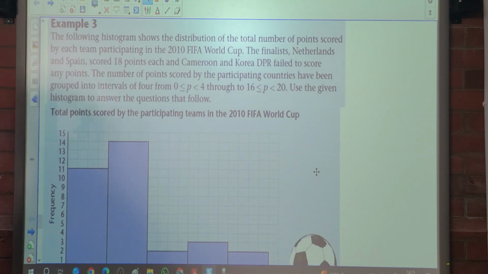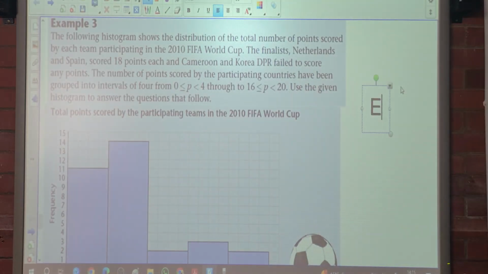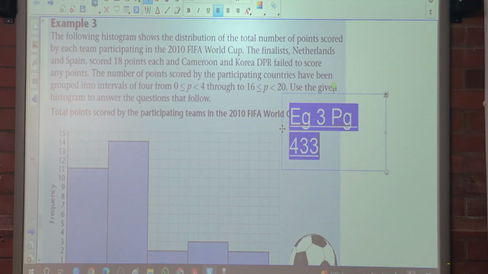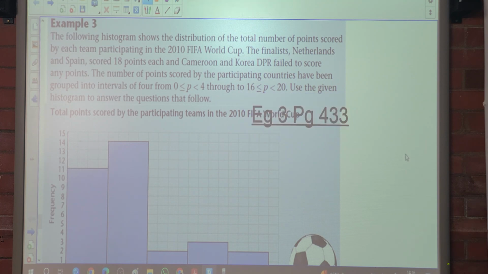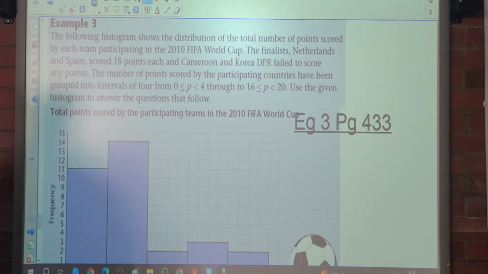But anyway, we are told that the following histogram, Shazir, make a marker here. So example 3 and this is page 433. Okay, so the following histogram shows the distribution of the total number of points scored by each team participating in the 2010 FIFA World Cup.